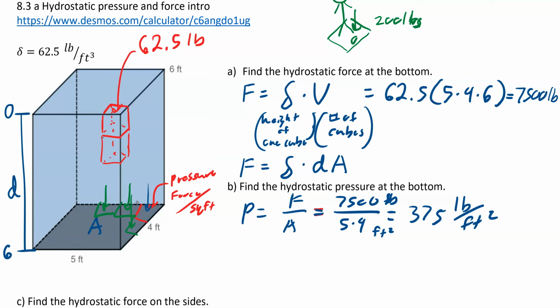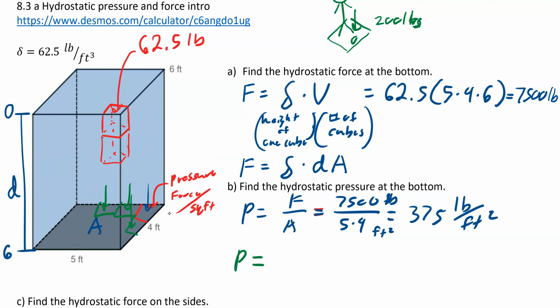You take all the pressures being applied to that plate, right? And there are 20 of them, because 5 times 4 is 20. And you multiply by the 375, you would go right back to force. So that's how they're related. Pressure is the force per square foot, and force is all of those pressures added up. Now, we need another formula.